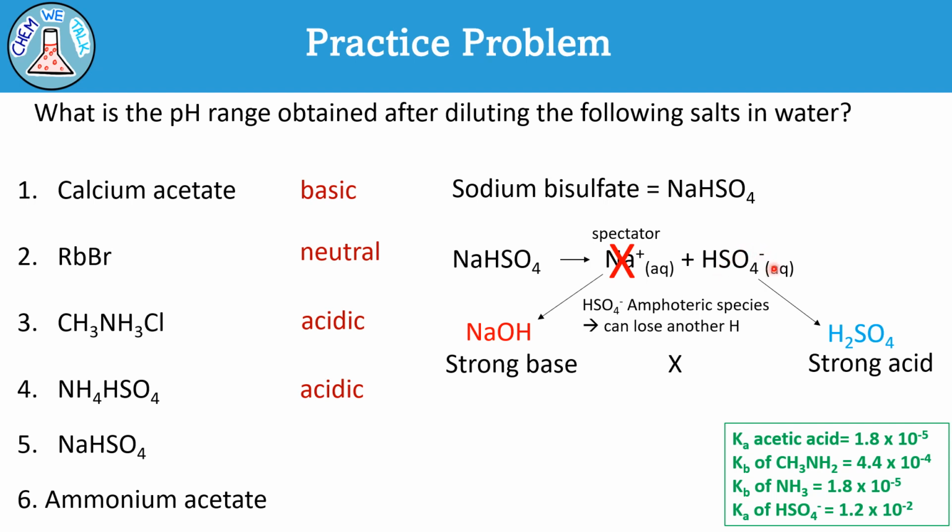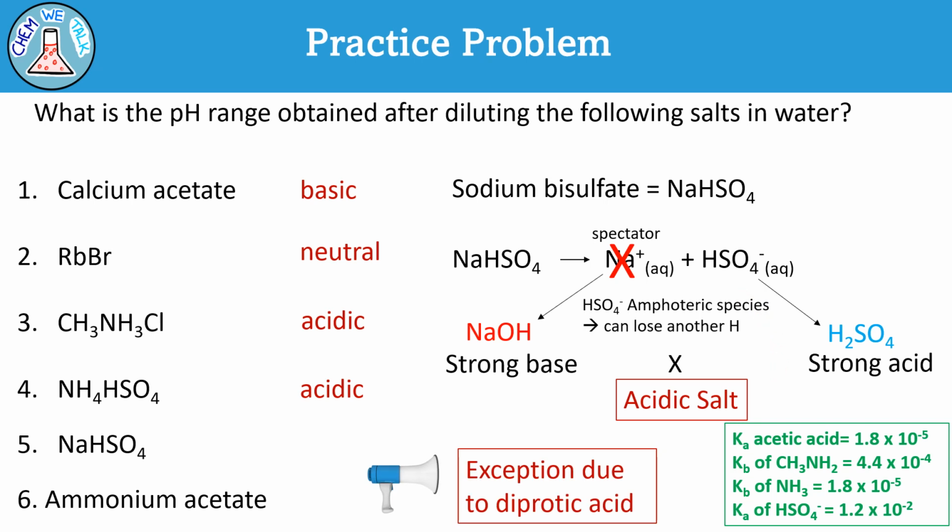So this here is not a spectator ion, and it is in fact a weak acid. It can lose another hydrogen, and if you look at the Ka of HSO4-, it is 1.2 times 10 to the negative 2, which is pretty large. So this salt is in fact acidic. But that's one of the sole exceptions you need to pay attention to when you have a diprotic species.